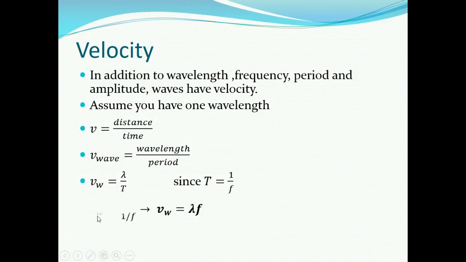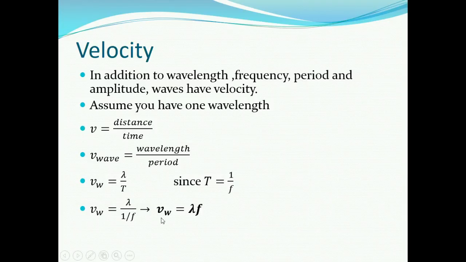Since we have the period in the bottom of the fraction, if we substitute 1 over f, we have 1 over f in the bottom, and since we can't have fractions in the bottom, we keep the first fraction, so we keep lambda at the top, and then we multiply it by the reciprocal of the bottom. The reciprocal of 1 over f is f over 1, or just f. And this is how we get our formula.